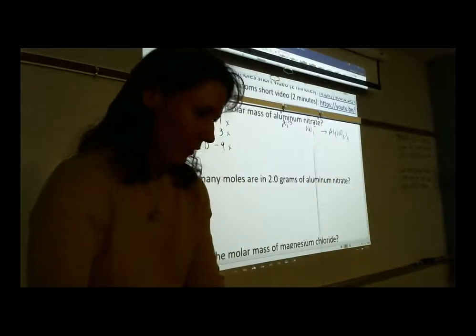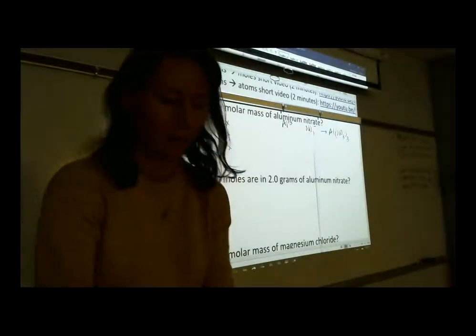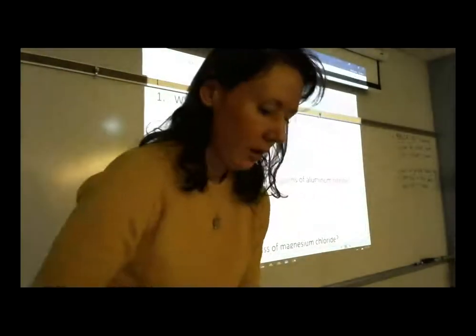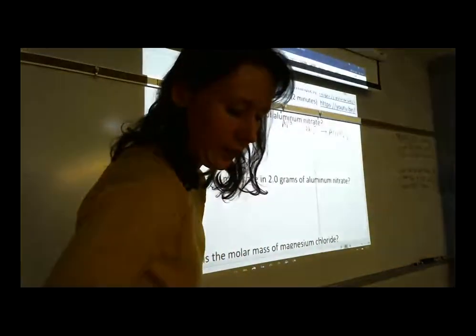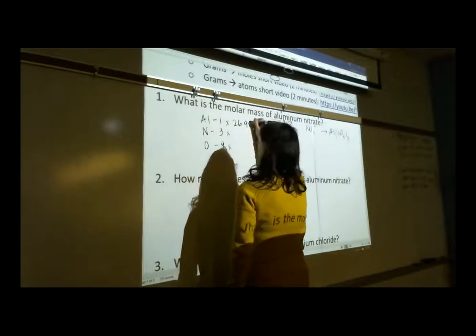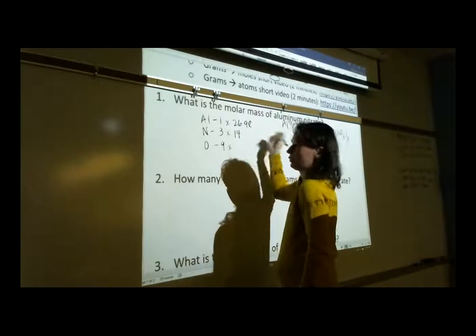Now we need our periodic table. So let me find one, a paper base that's easier to carry around. Just open up my textbook. Aluminum's molar mass is 26.98. Nitrogen is what? 14.00 something.